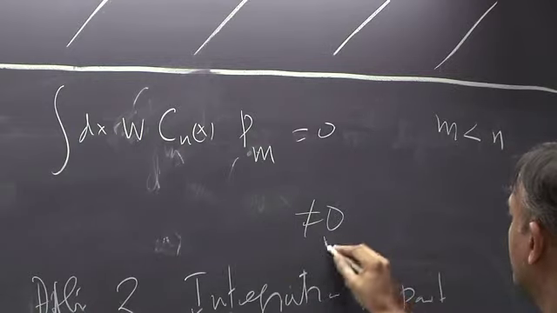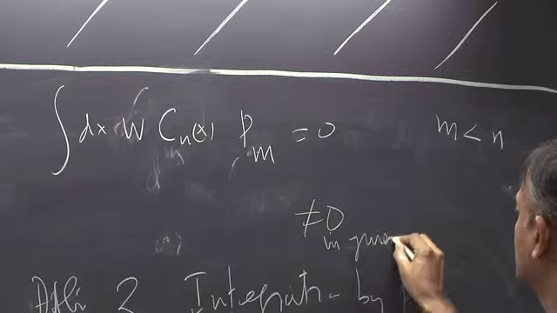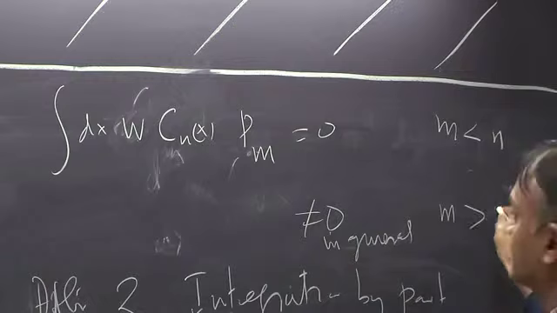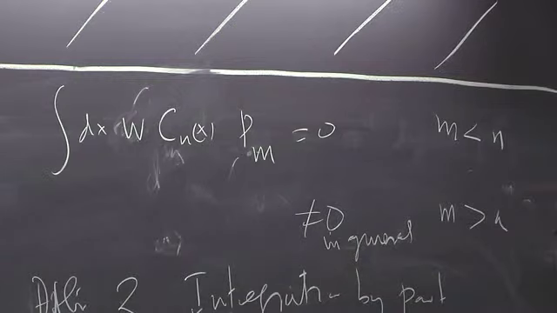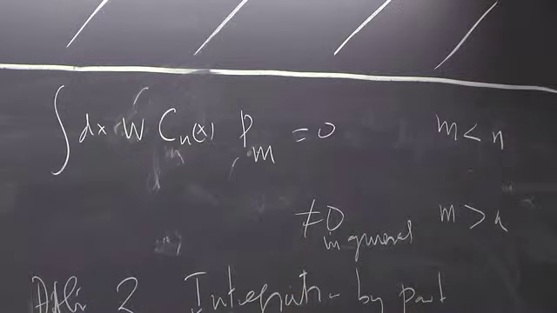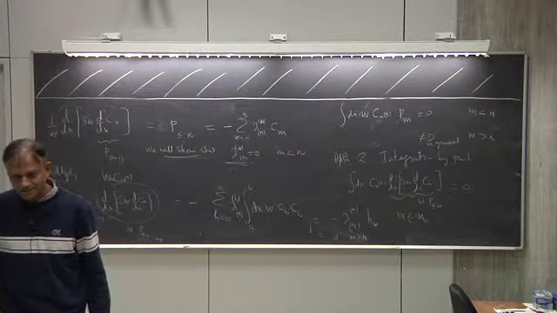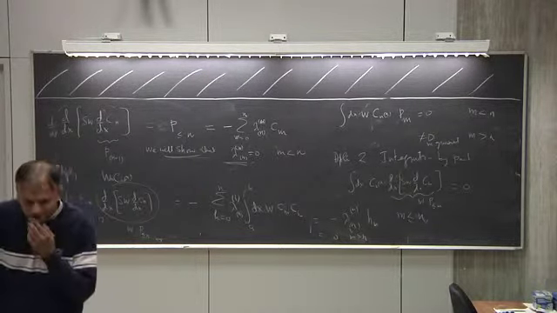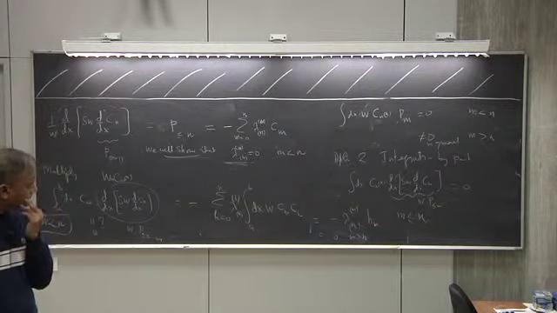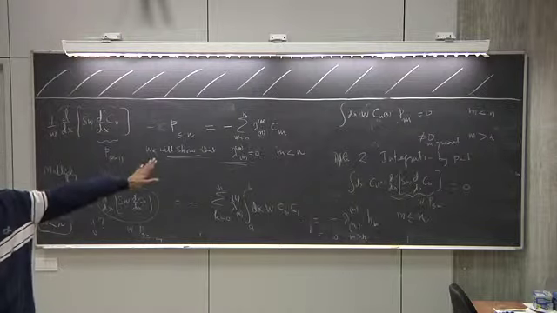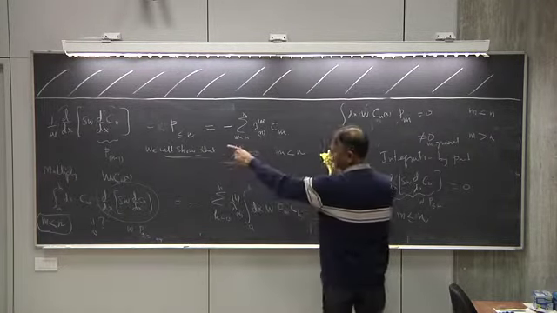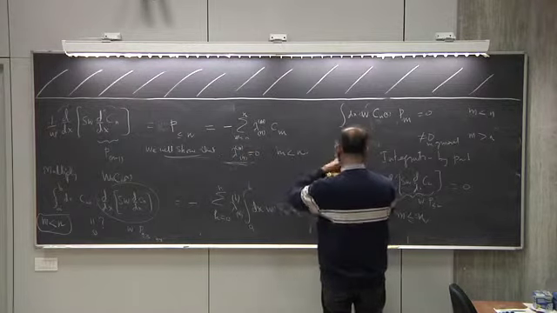In some special cases it might be 0, but in general it won't be. When m is greater than n, this is not true. It is only true for m less than n. But just take an example, we can work out.